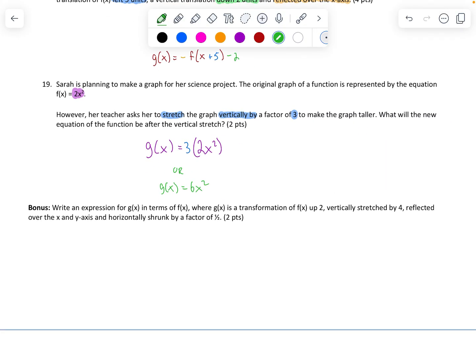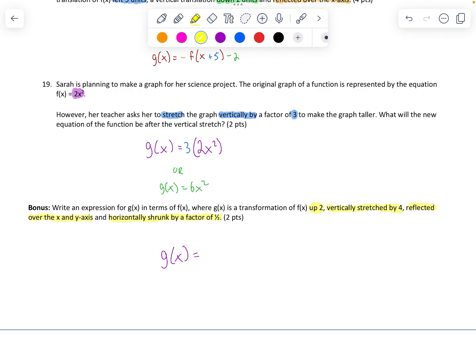And then finally for the bonus, similar stuff here. We're taking some function f and doing some transformations and calling the new function g. So g of x is equal to, let's get the key information here. We're going to go up 2, vertically stretched by 4, reflected over the x and y axis, horizontally shrunk by a factor of 1/2.